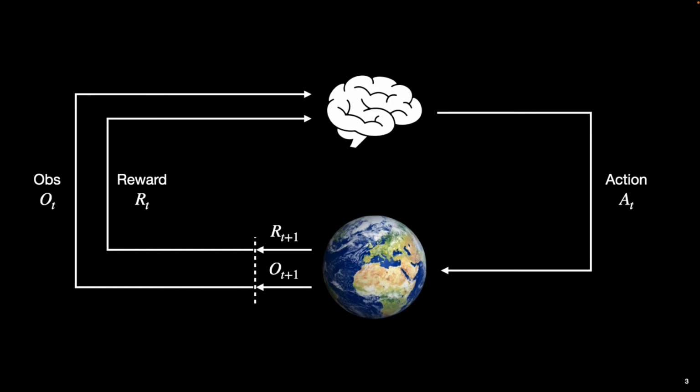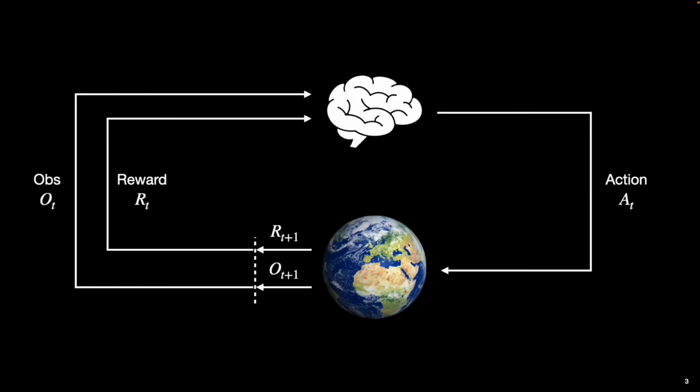At each time step, the agent receives an observation. Based on that observation, it has to decide what to do, so the action At. Then the environment computes with its own dynamics the next state, the next observation, so t plus 1, and also a scalar value, which is called the reward.